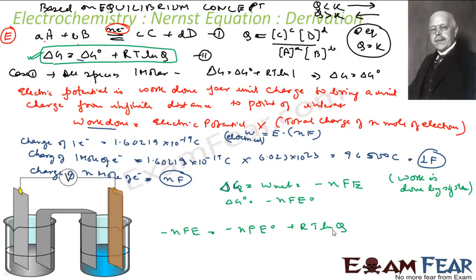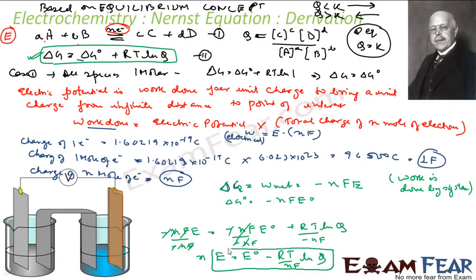So let's make this equation a little better by dividing the whole thing by minus nF, since we see it is common. It cancels, and what you get is E equals E naught minus RT by nF ln Q. That is my Nernst equation. So you see, it is derived from this Gibbs energy equation.